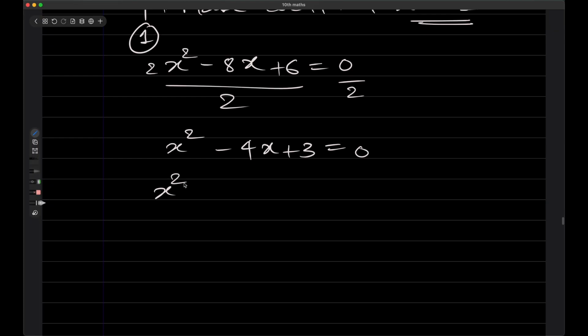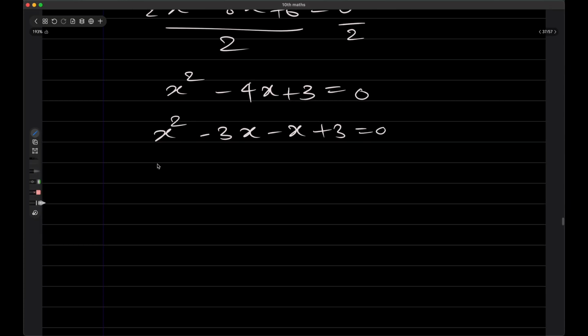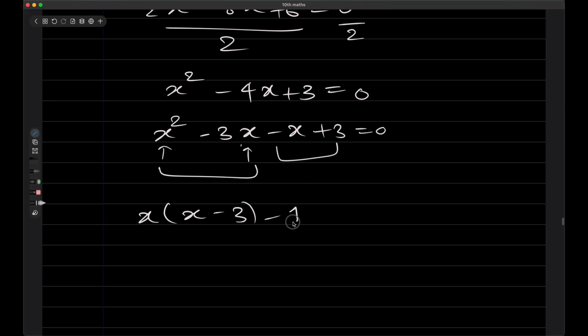So I can put x square minus 3x minus x plus 3 equals 0. If I take x common from the first two terms, I get x in common, remaining is x minus 3. Again I will take minus 1 common from the second part. Why have I taken minus 1?